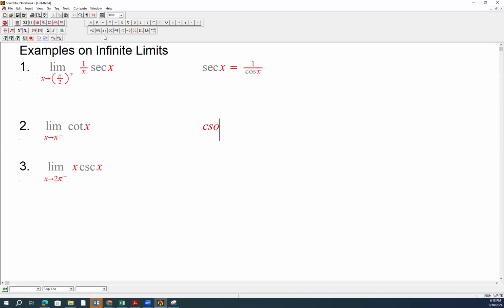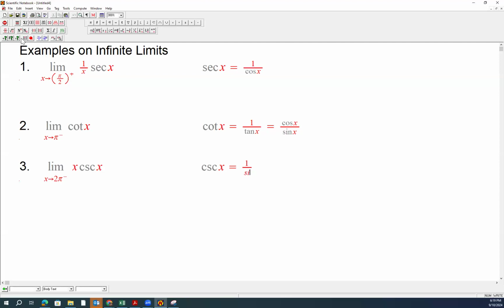And cotangent x, you need to know, is 1 over tangent x. And you should also know that cotangent is cosine x over sine x. And of course, you are expected to know cosecant x equals 1 over sine x.